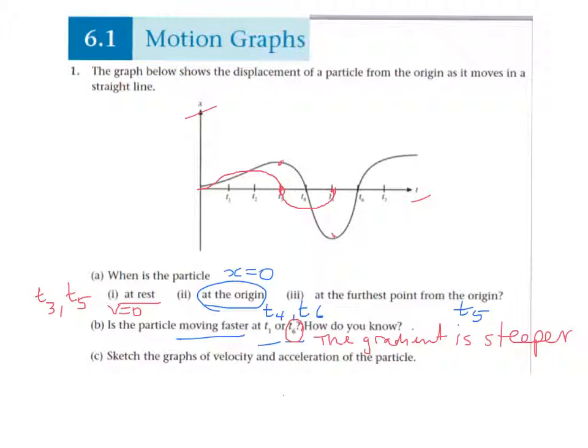And then we've got the velocity increasing. The gradient, you can see, is positive, getting steeper here and then getting less steep, but still positive the whole way there. So the velocity graph is going to be above the x-axis, and as it's getting less steep here, you can see that the gradient is approaching 0.